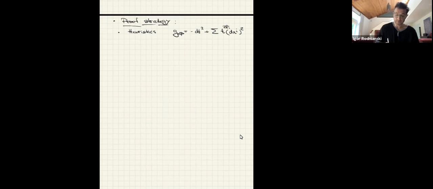So spatial slices are flat. You can just simply say that if you're going to try to understand stability of the solutions, it's negligible.